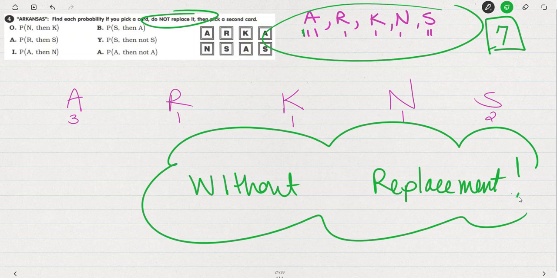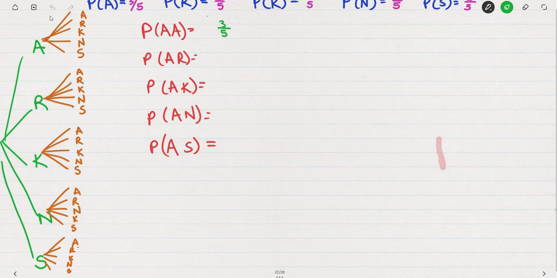So what that means is I'm not going to put that A back in. So when I go to draw the second one, there are only 7 in the denominator, and the numerator, if I already have one of the A's gone, now there's only 2 A's left, so I'd have 6 out of 35.